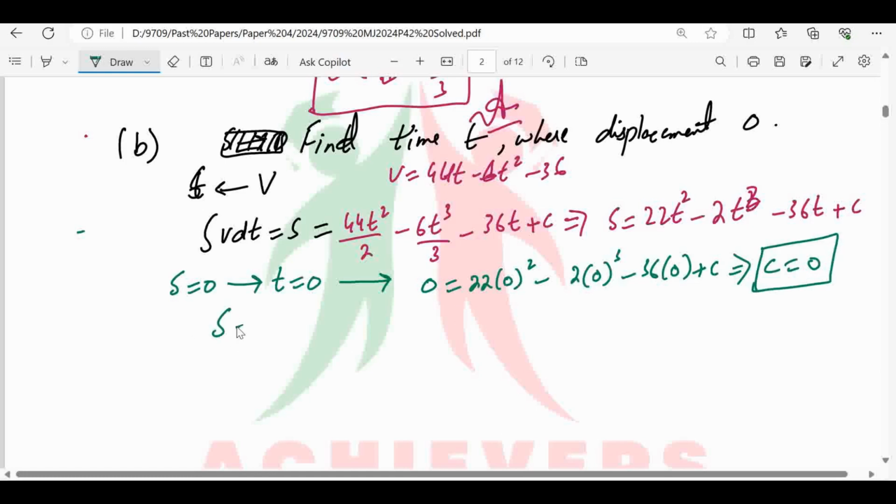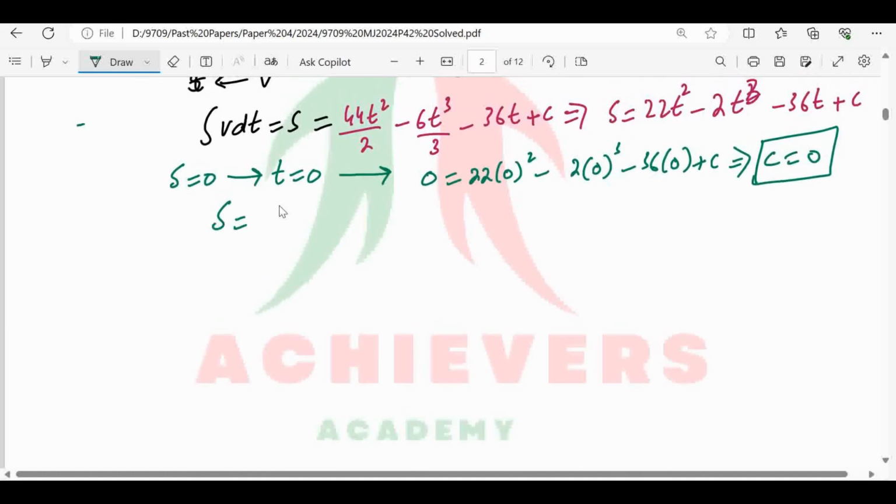So the final equation for the displacement will be 22t square minus 2t cube minus 36t, and if we take minus t as common, this will be minus t into 2t square minus 22t plus 36.